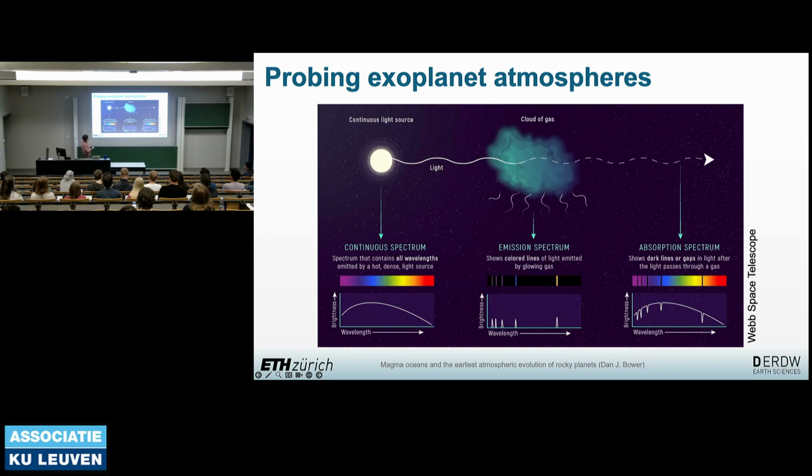So again, the observation of planetary atmospheres is very much like any observation you make from the astrophysical side, where you essentially have a light source, which of course is your star, and this emits a continuous spectrum. And then here on this schematic, there's a cloud of gas, but of course in the context of what I'm talking about, this is the planetary atmosphere, and this cloud of gas is heated, and if it is hot enough, you will then be able to look at the emission spectra.